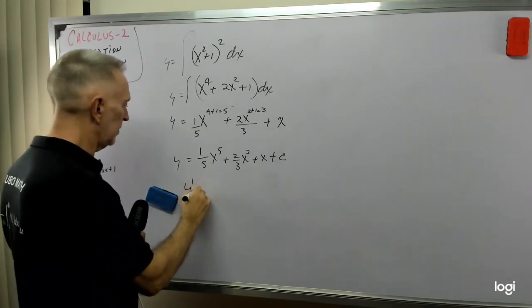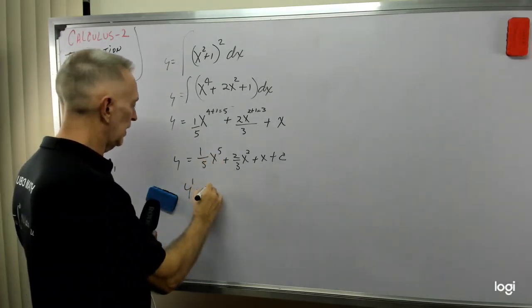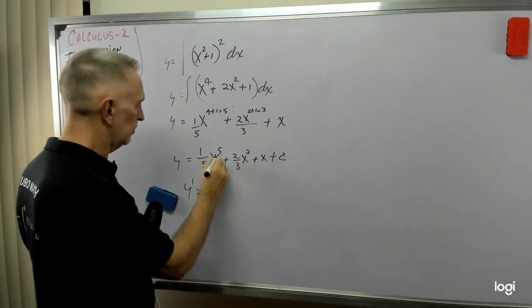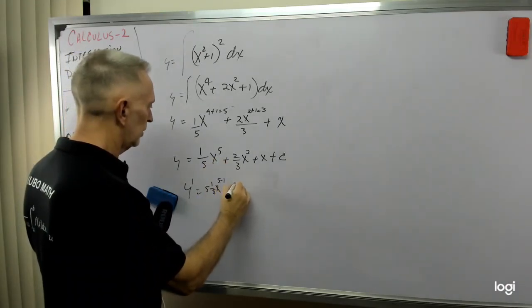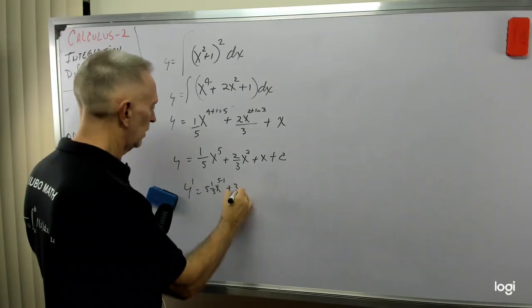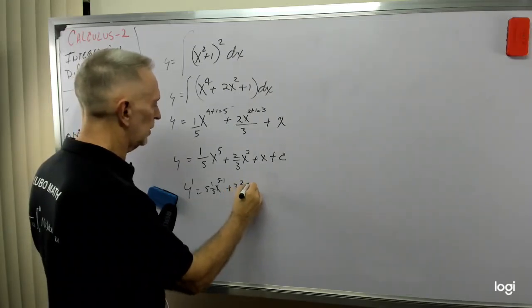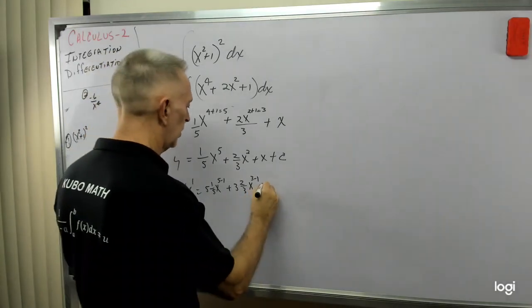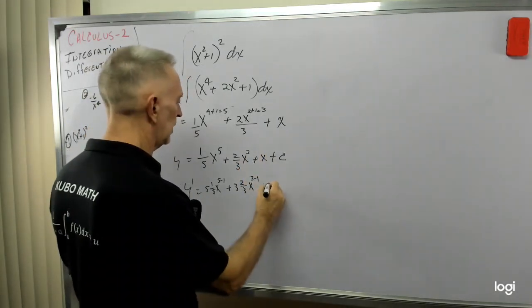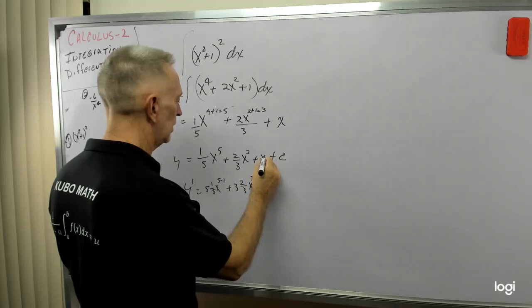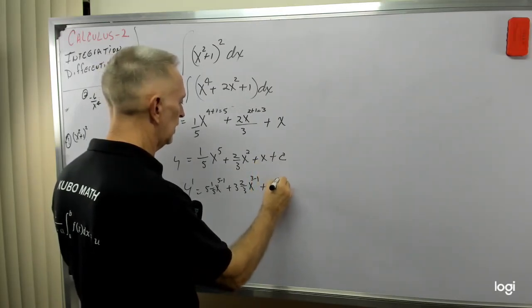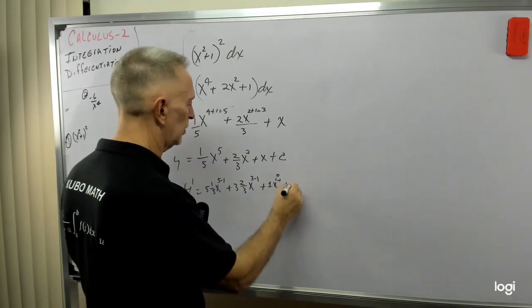Y prime then, 5 times 1/5 x to the 5 minus 1 plus 3 times 2/3 x to the 3 minus 1 plus 1 times x, which is 1, times x to the 1 minus 1, which is x to the 0, plus 0.